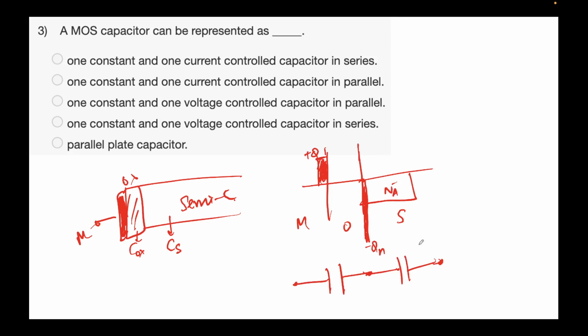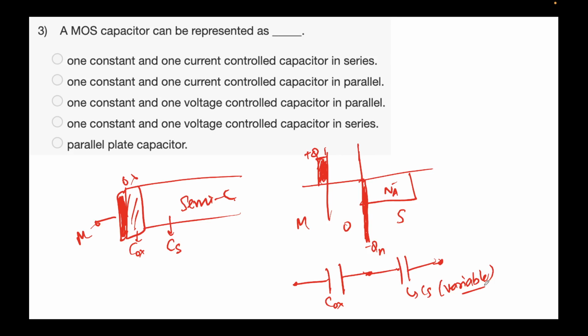So this capacitor is constant at Cox. This is variable. Whether it's fully depleted, half depleted, or even entered inversion, this will depend on Vg, the gate bias that you are applying over here. Here you are applying some gate bias, some potential Vg.